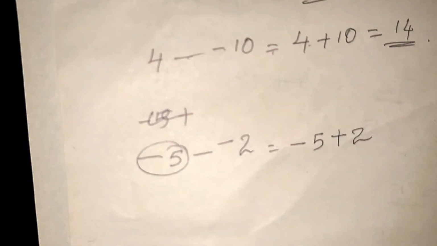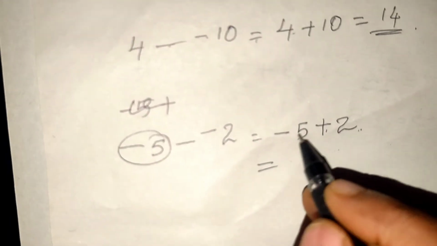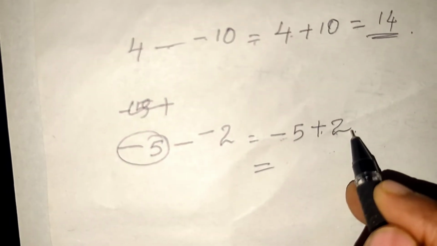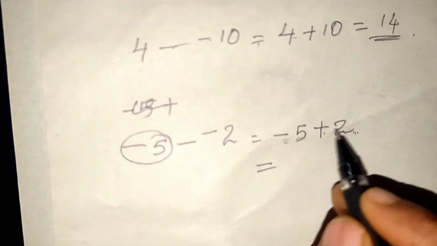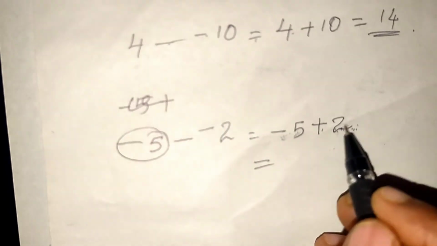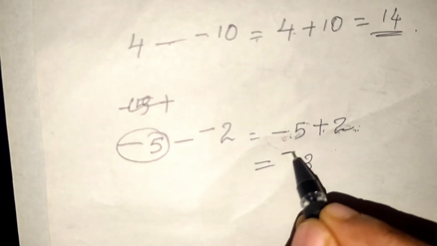So positive 2. -5 plus 2. See, here the numbers have different signs. So find out the difference between the numbers. What is the difference between the numbers? 5 minus 2 is equal to 3, and the biggest number is a negative number, then put the negative sign there. The answer is equal to -3.